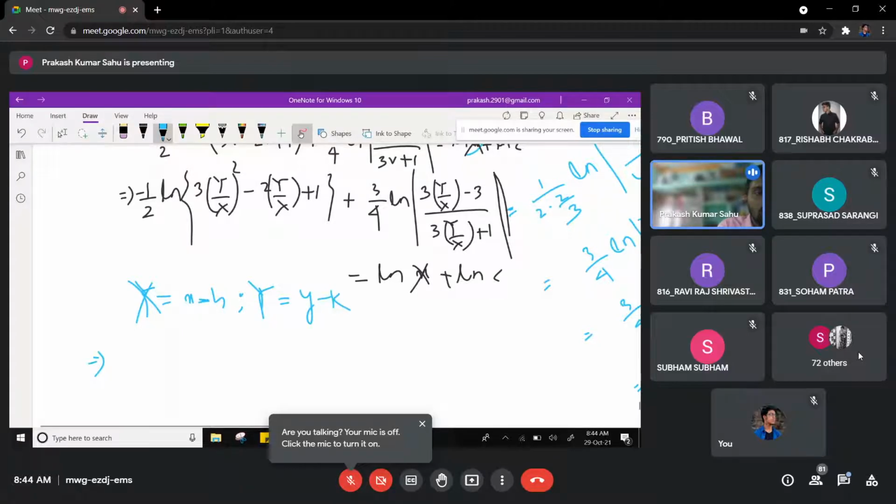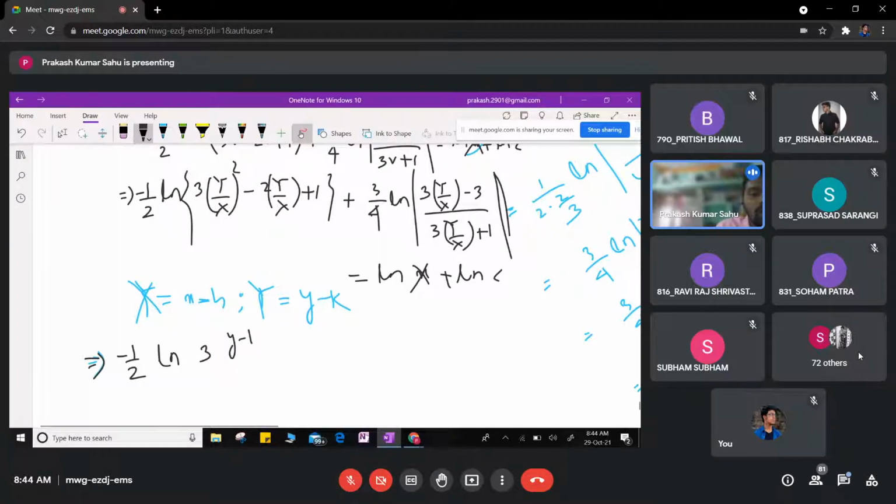So which is equal to, this is minus a half ln 3. This is y minus k. K का value already given है. This is 2. Okay. So k is equal to 2 divided by x minus 3. Then minus 2 y minus 2 divided by x minus 3 plus 1.